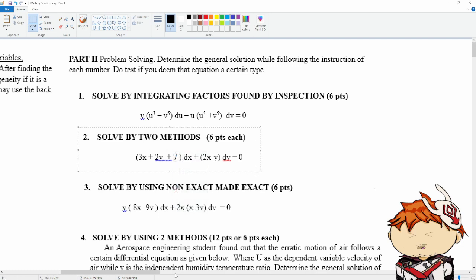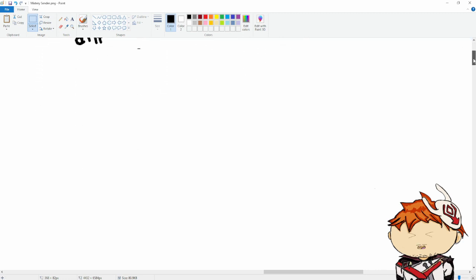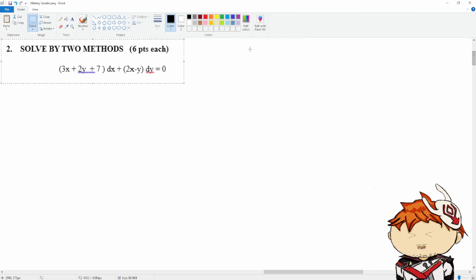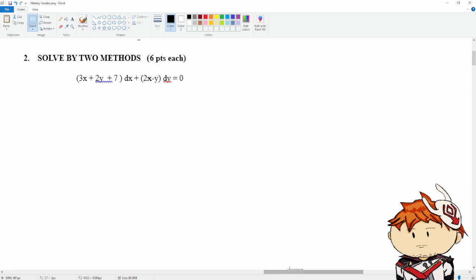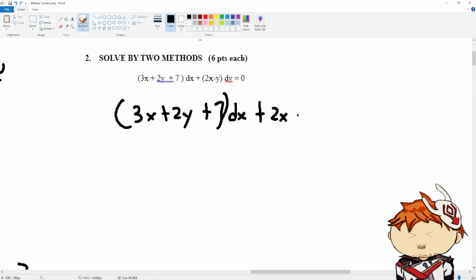Solve by 2 methods: 3x plus 2y plus 7 dx plus 2x minus y dy.